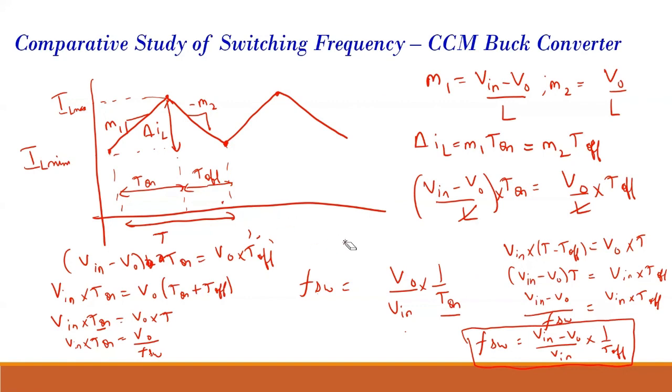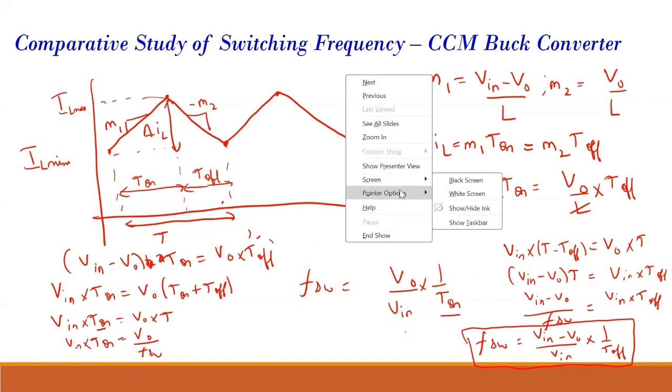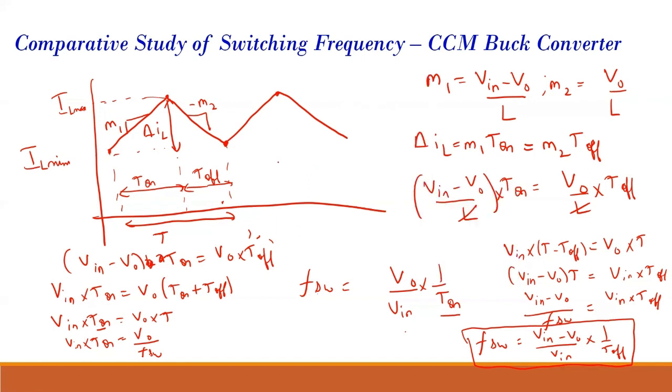Suppose we wanted to do it for hysteresis. One thing we have is delta IL is equal to M1 into T on. Let us consider this expression: FSW is equal to V output upon V in into 1 upon T on.